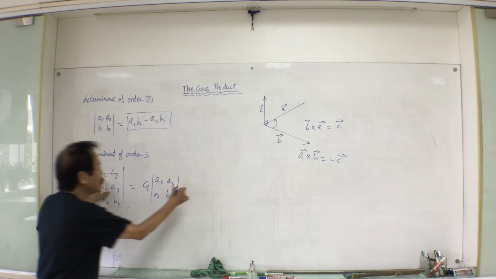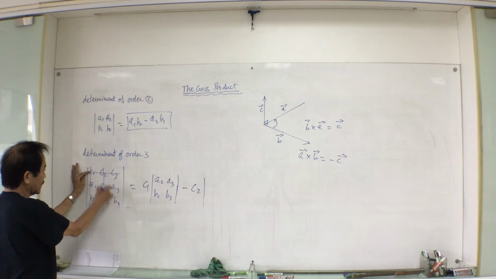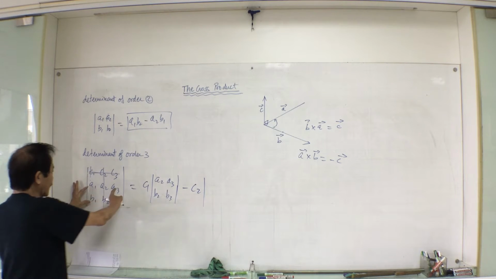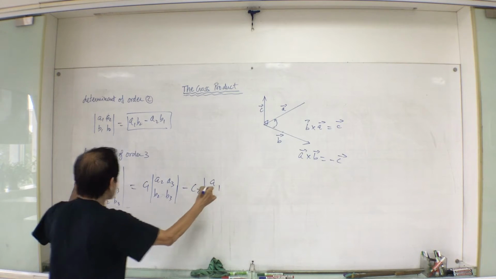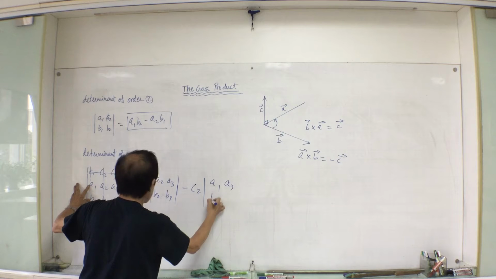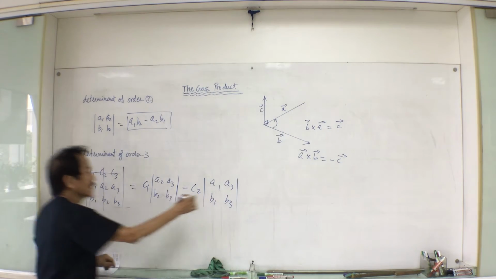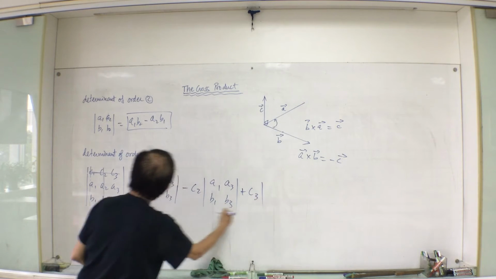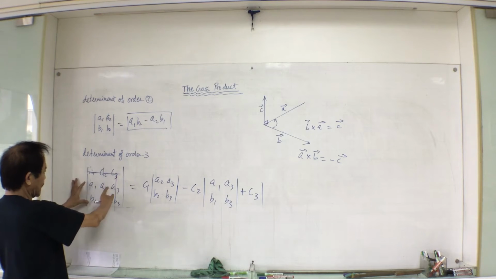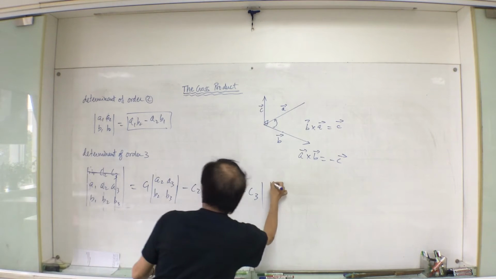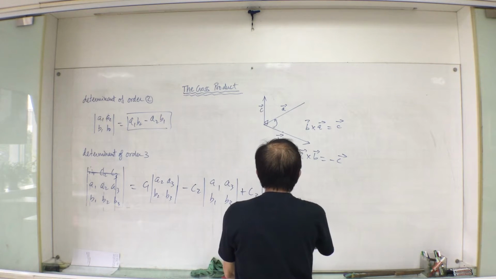Then we go to C2. For C2, I erase its row and column, and whatever is left, A1, A3 and B1, B3. Finally I get plus C3. I clean up its row and column, so I have A1, A2, B1, and B2.